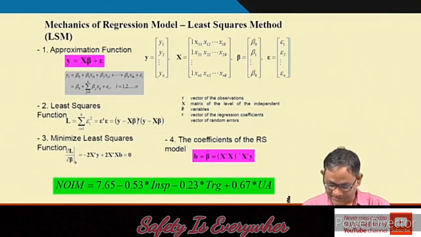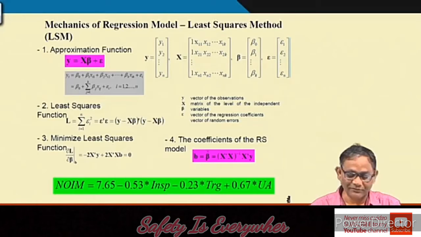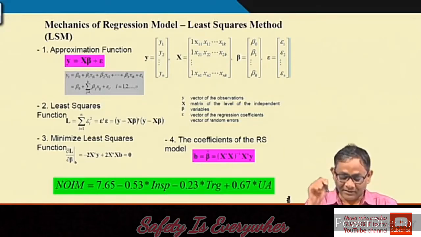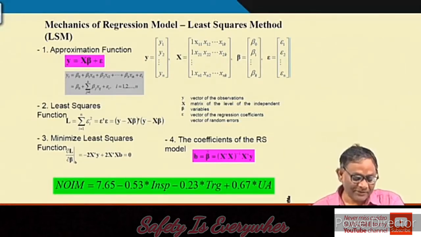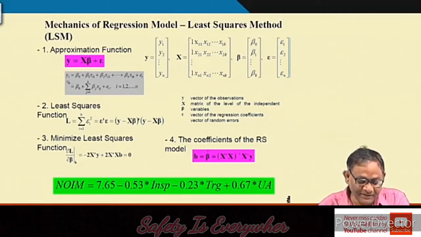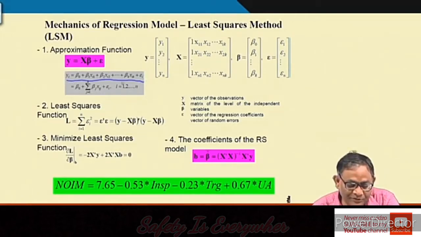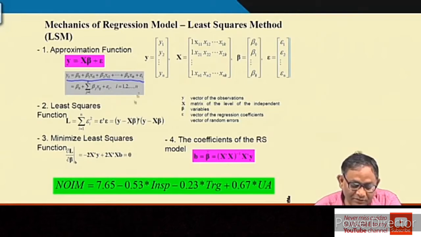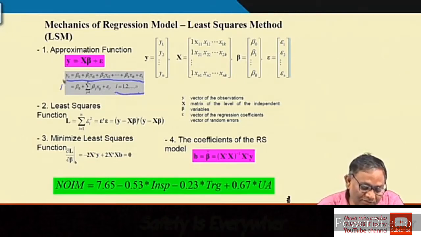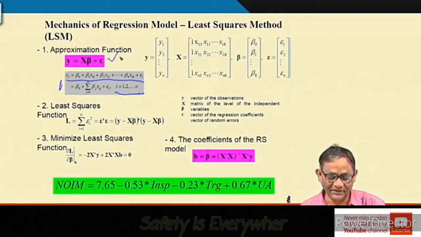I will not discuss the mathematics here. You do not need to know the mathematical details of it, but for the time being please keep in mind that this is the general form. i basically stands for the observation. We have 30 observations, so n equal to 30, and this is the equation in algebraic form and this is the matrix form of the regression.